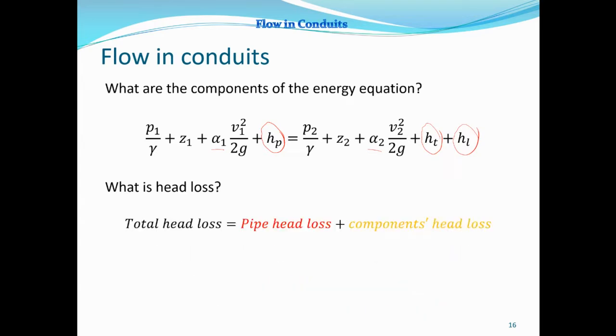So what is head loss? We explained that total head loss, HL, is simply the pipe head loss plus the components head loss. The pipe head loss is sometimes called major head loss, and the components head loss is sometimes called minor head loss, because the components head loss is due to the losses in valves, fittings, vanes, and all that, and they are very small compared to the pipe head loss.